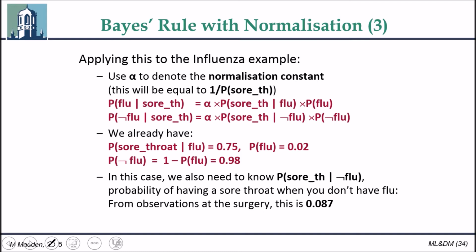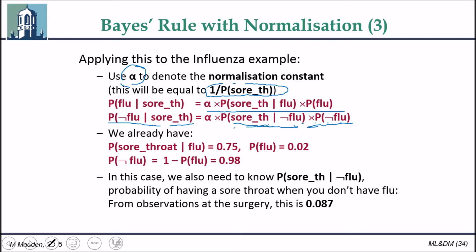In place of dividing by the probability of sore throat, we will instead multiply by alpha. So the probability of flu given sore throat is alpha times all of this expression. The probability of not flu given sore throat is alpha times a similar expression with not flu fitted in.